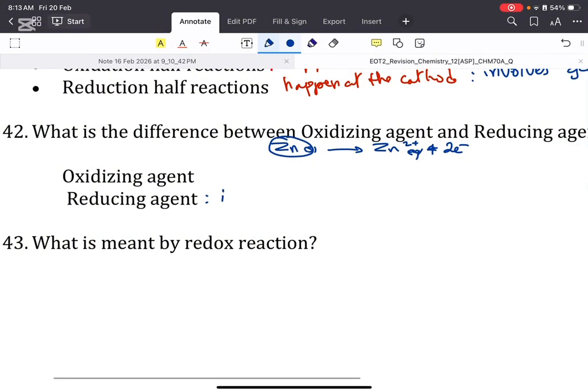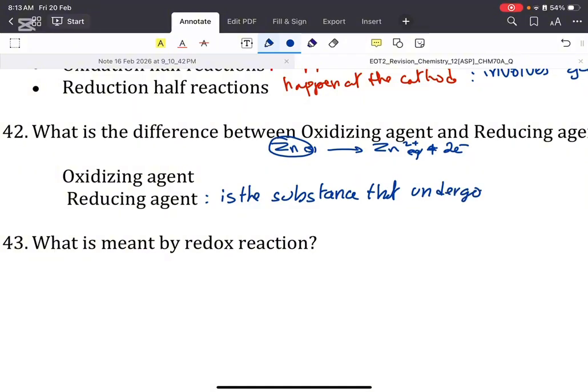The reducing agent is the substance that undergoes oxidation, loses electrons and undergoes oxidation.